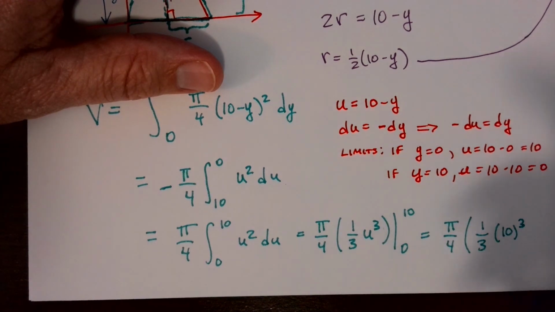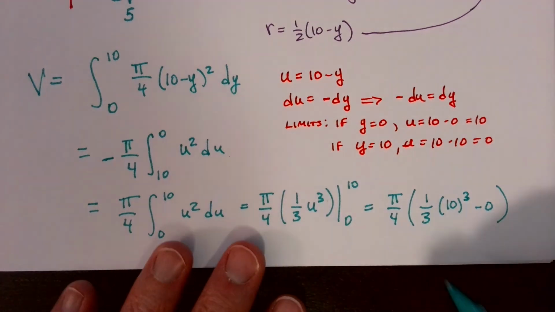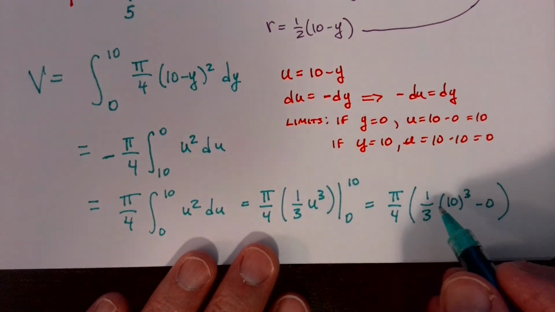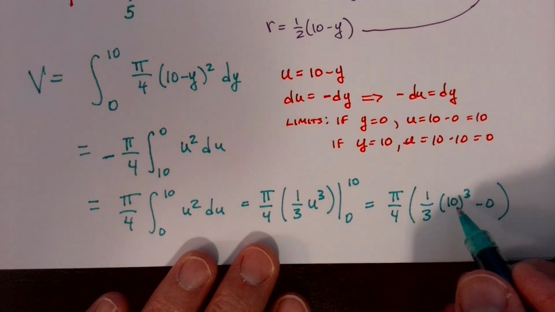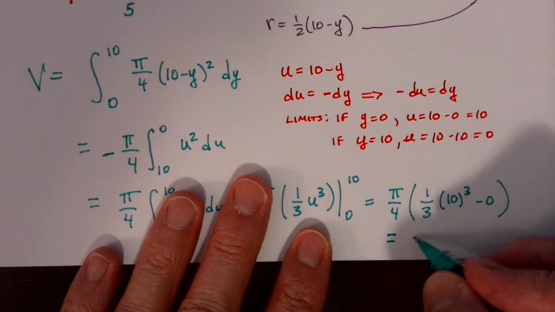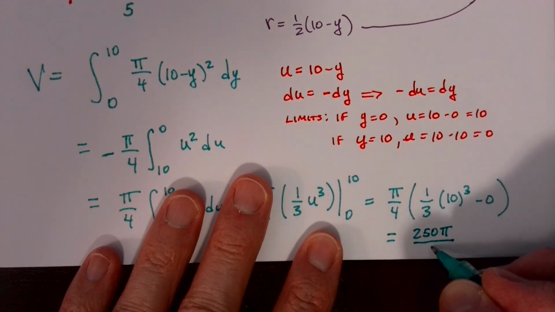And at 0 minus 0, obviously. And so I get 10 cubed is 10 times 10 is 1,000, right? And 1,000 divided by 4 is 250. So this simplifies down to 250 pi over 3.